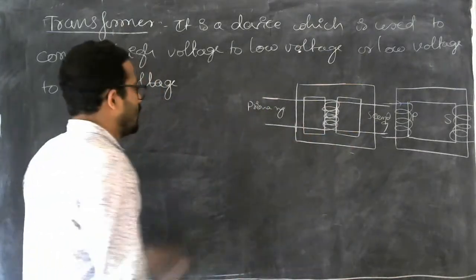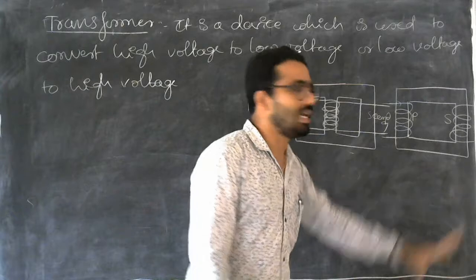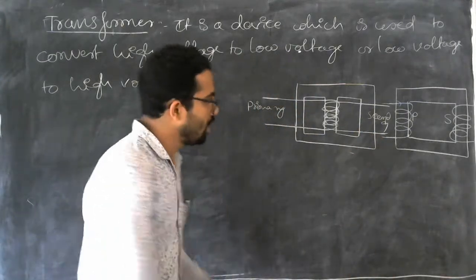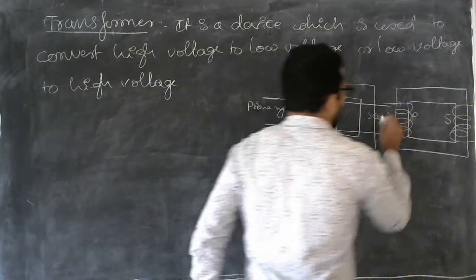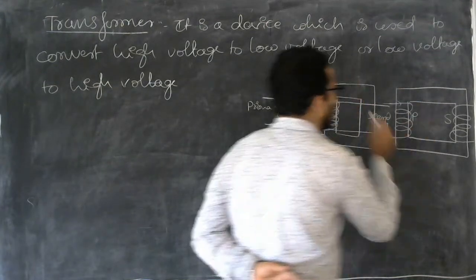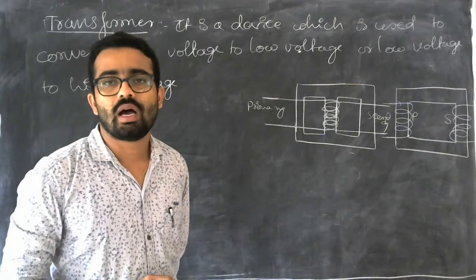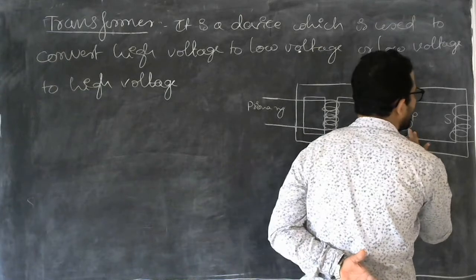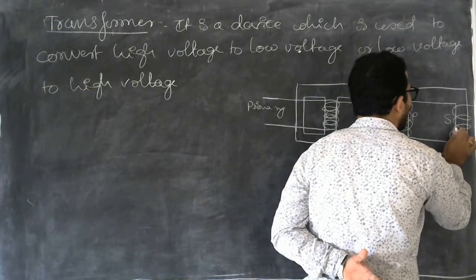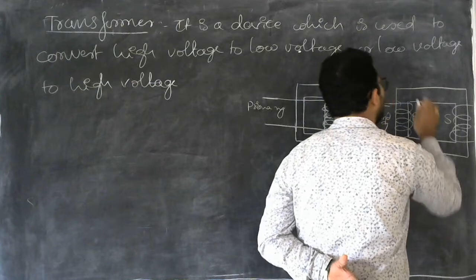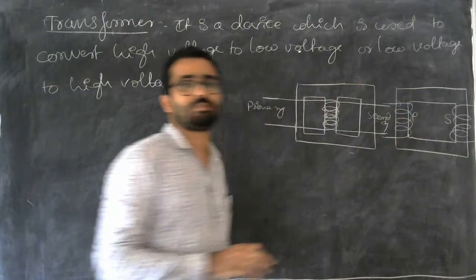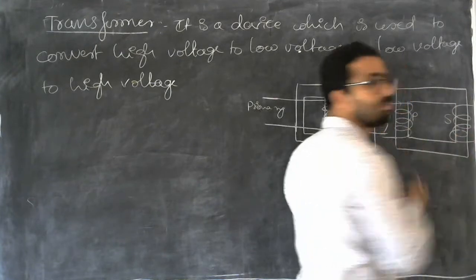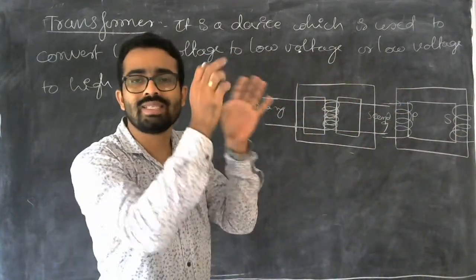Now your primary coil is there, secondary coil is there, and this works on the principle of mutual induction. The current will flow in the primary coil, it will induce a magnetic flux, and that magnetic flux will be linked with the secondary coil, and also with the primary coil because they are wound on one system.